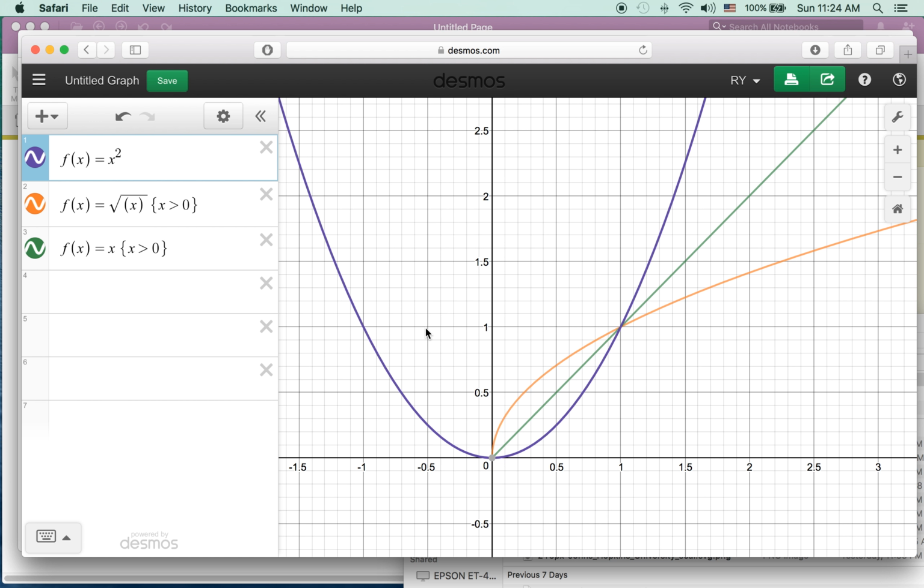A one-to-one function is a function that passes the horizontal line test. Every x value is associated with a unique y value. We know that a function passes the vertical line test. A one-to-one function passes the horizontal line test.